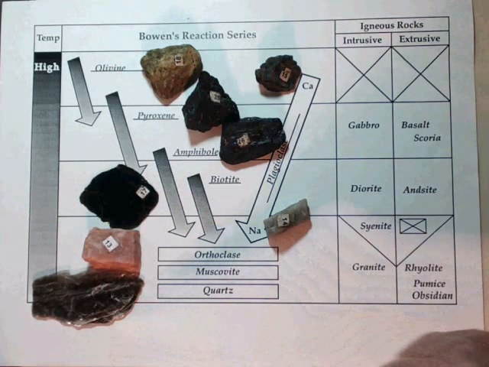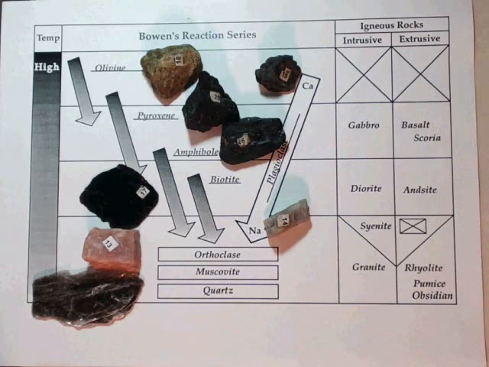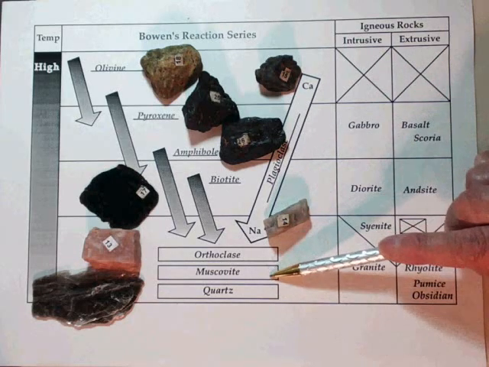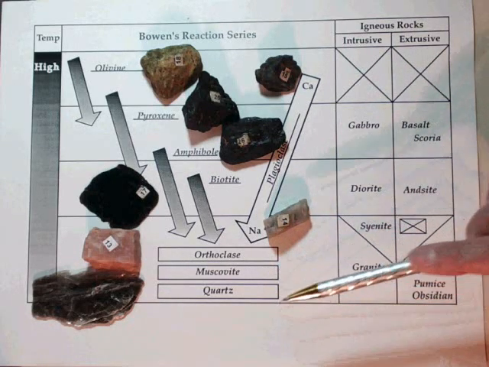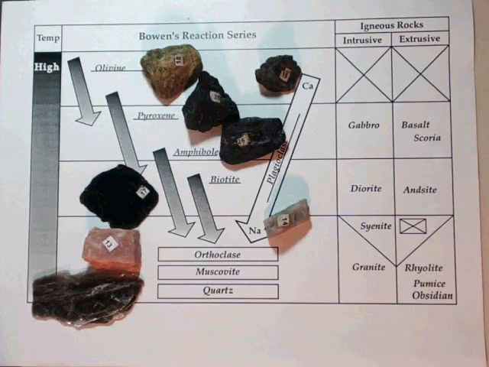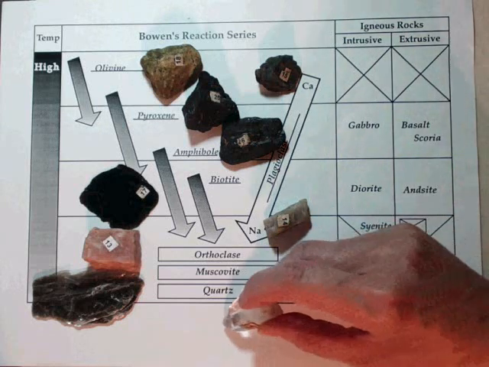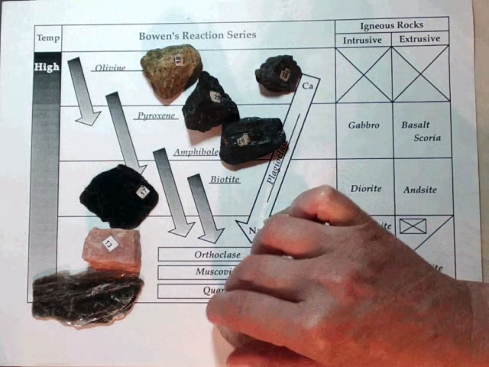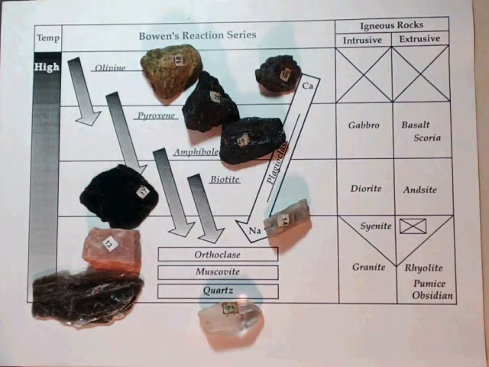Okay, right there. The lighter one is the muscovite mica. And then the last one down here, at the coolest temperature, the pure silicon dioxide, the quartz. Remember that one, and I've got the glassy quartz there for us. But we had several varieties of quartz, if you remember that.